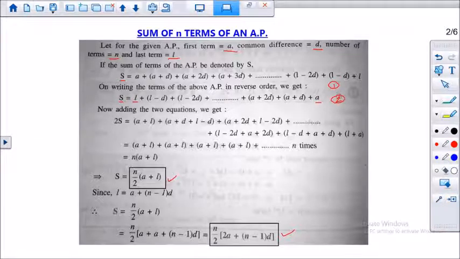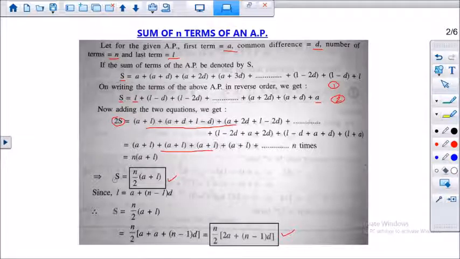That means S plus S, 2S, and on the right side, if we add, we get this expression. After the calculation, this expression becomes n into (A plus L). That means 2S equals n into (A plus L).